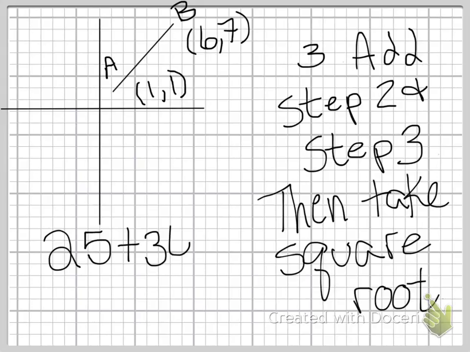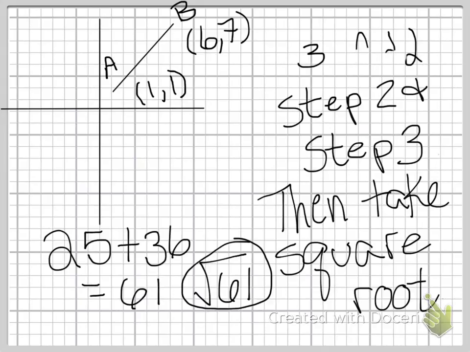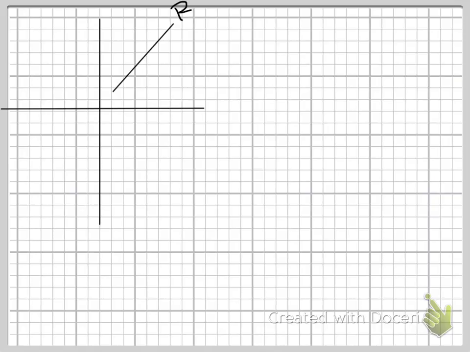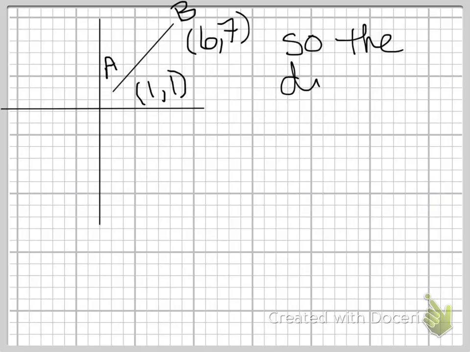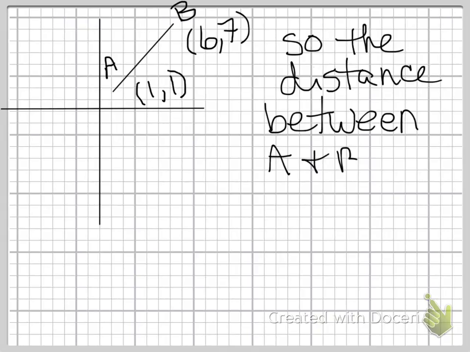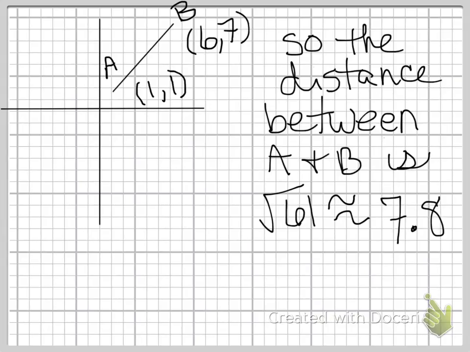So in our case, we're going to have 25 plus 36 is 61, and then we're going to take the square root of 61. And here I went through, and we're going to approximate the square root of 61, which is that equal sign that's like a little squiggly, and that gives us approximately 7.8.